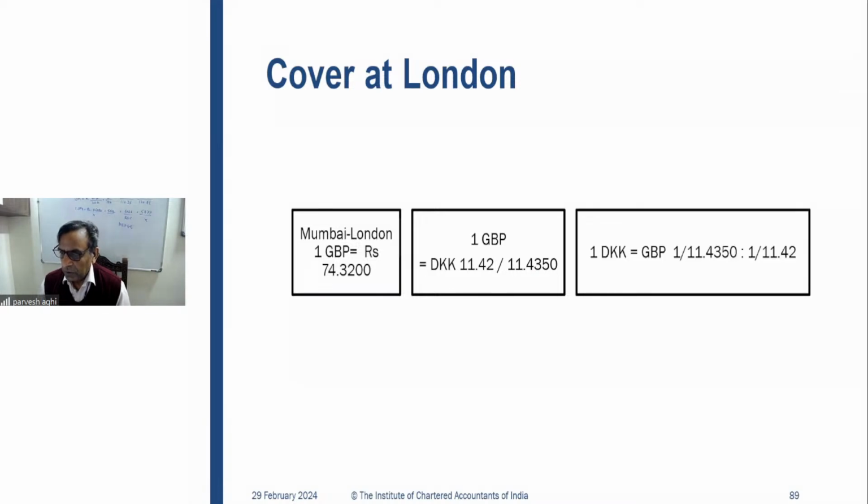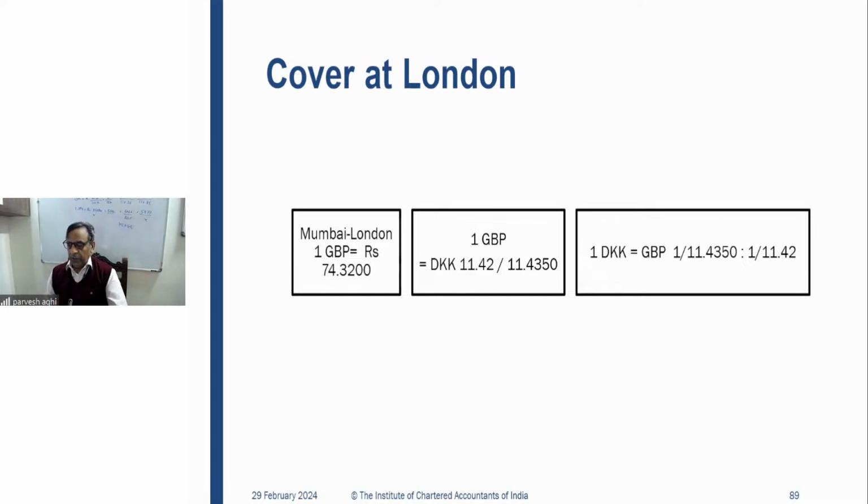So now, since you have to first buy a pound by using your rupees, and then you go to buy DKK, that is Danish kroner. So you need to convert that.